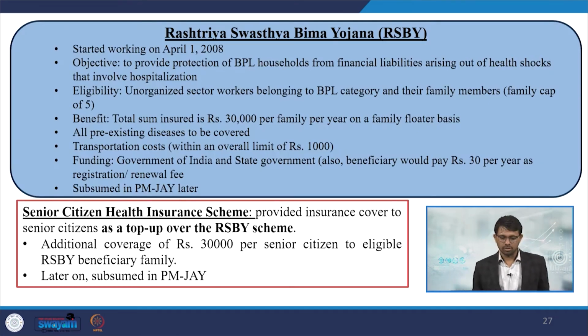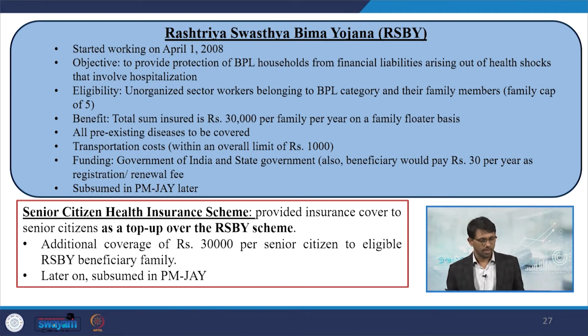To emphasize an important scheme in the context of healthcare, Rashtriya Swasthya Bima Yojana started working on April 1st, 2008, and the objective was to provide protection to BPL families from financial liabilities arising out of health shocks because of hospitalizations. The eligibility is unorganized sector workers belonging to the BPL category and their family members.